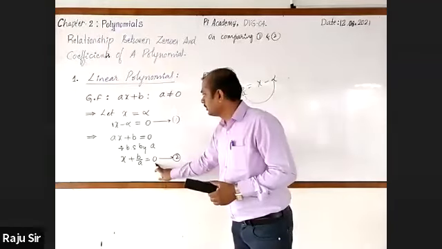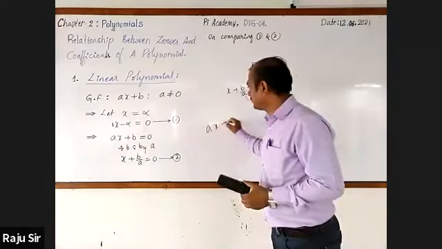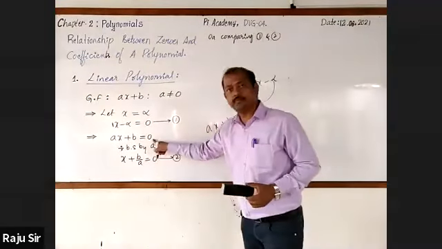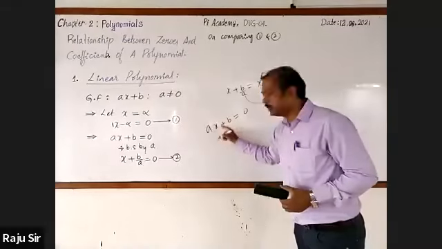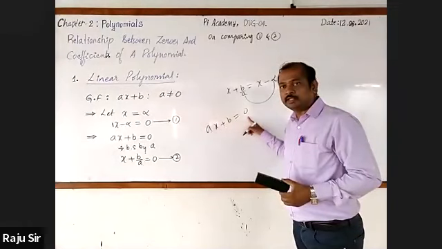In the zero value, x plus b by a is equal to 0. Look at this: ax plus b is equal to 0. Got it? Yes, sir. Next, here a is there. I'm going to divide all the terms by a.